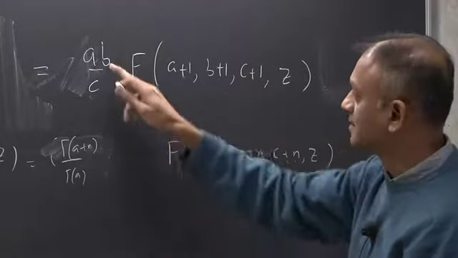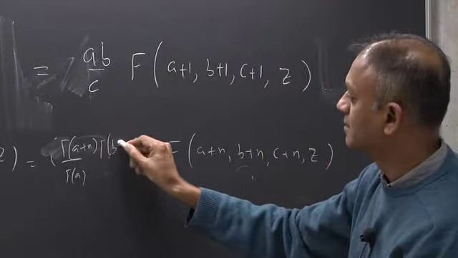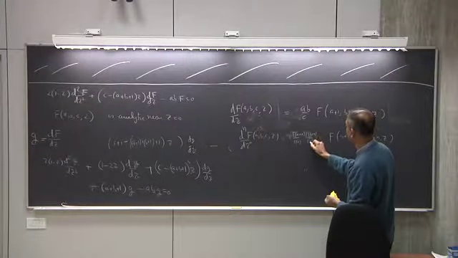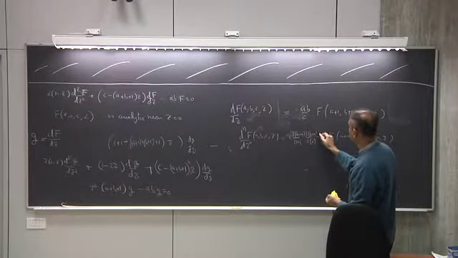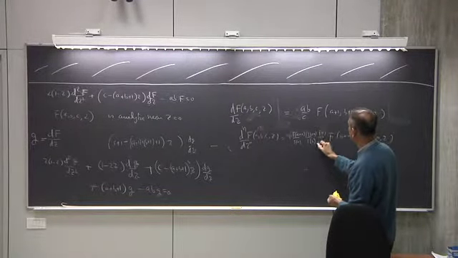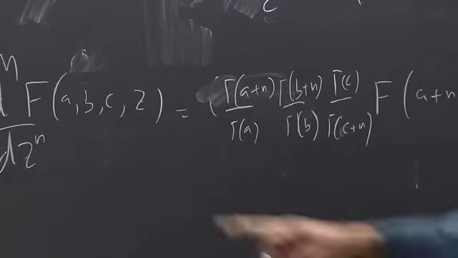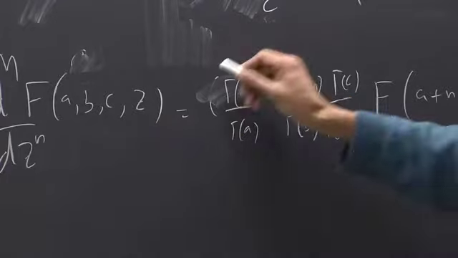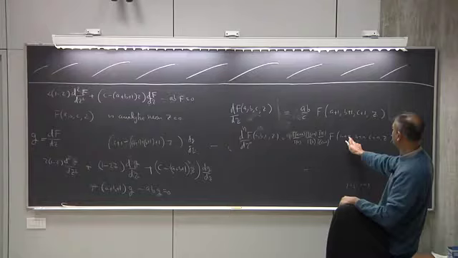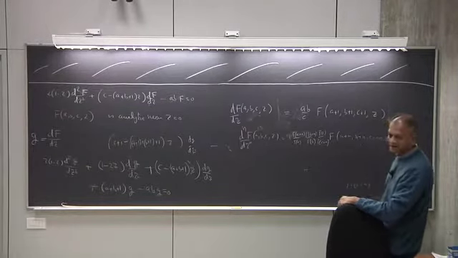And similarly gamma of b plus n divided by gamma b, and here it will become gamma c divided by gamma c plus n. So the n-th derivative of f is simply again this constant times f shifted, where the arguments are shifted by n units.